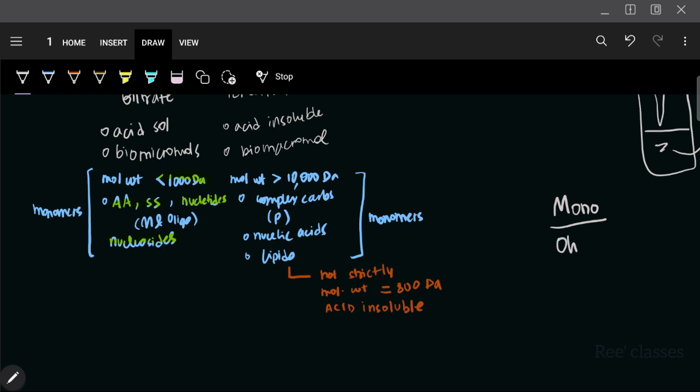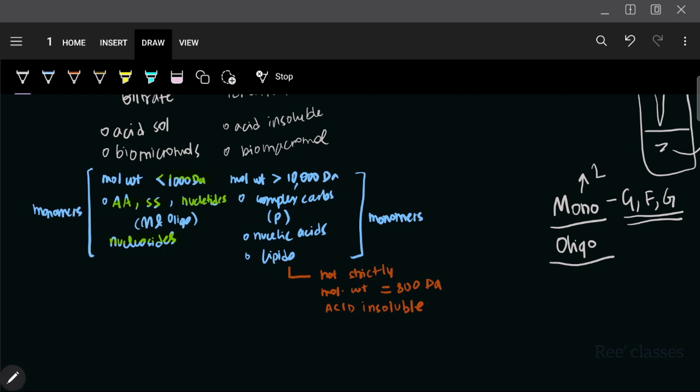We're familiar with this, right? Monosaccharides, oligosaccharides, polysaccharides. From the name you can get mono means it has one sugar unit, right? So this is like the simplest form. Examples being glucose, fructose and galactose, GFG.